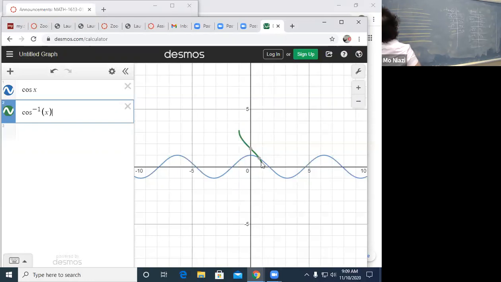No, actually, I have this in the right spot. I need to put my negative pi over 2 over here. Pi over 6, pi over 4. What am I doing? This is pi over 3. This is pi over 4. This is 0. There we go.